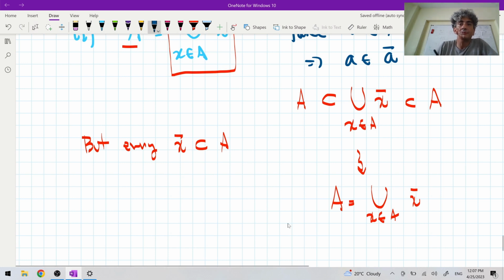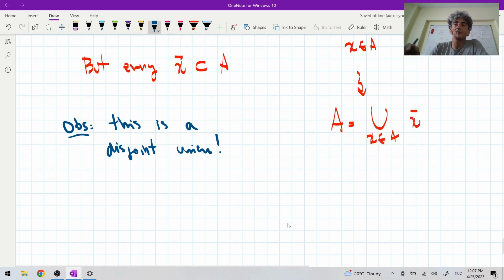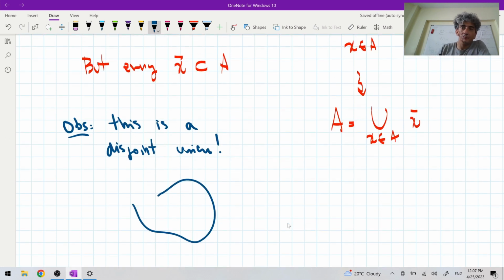Observation. This is a disjoint union. There's no overlapping. So you have the class of X, and then you have the class of Y. Okay?